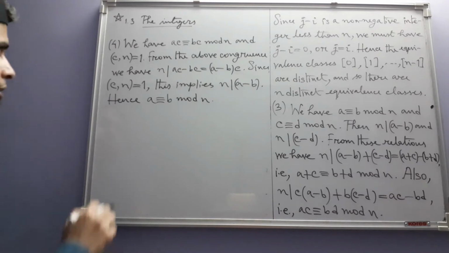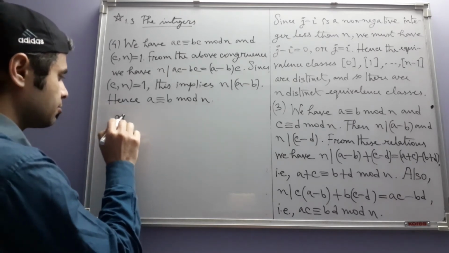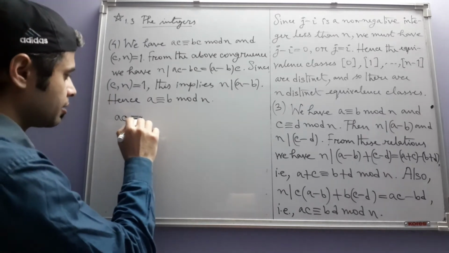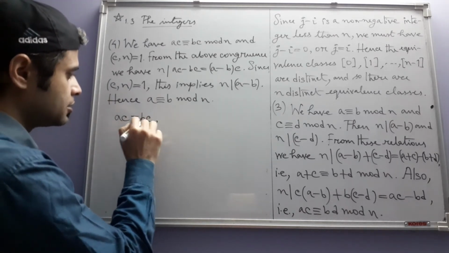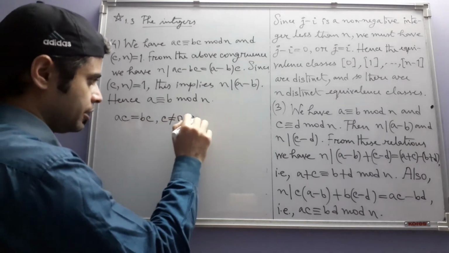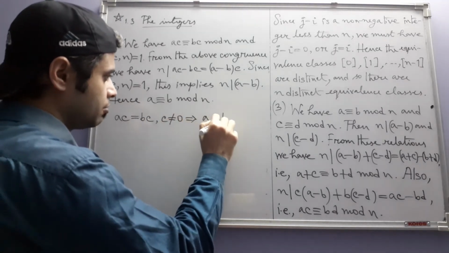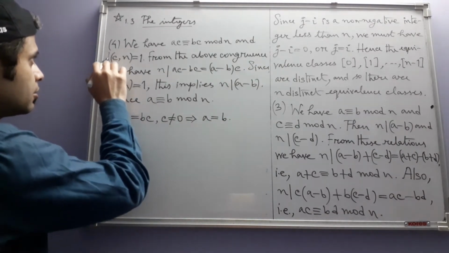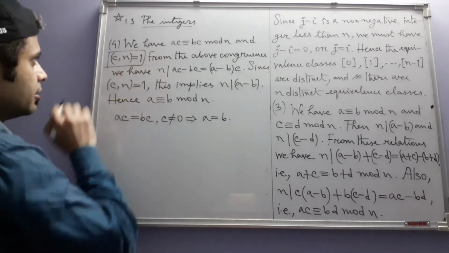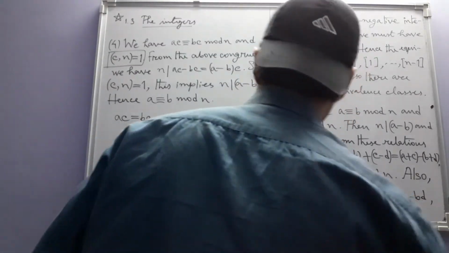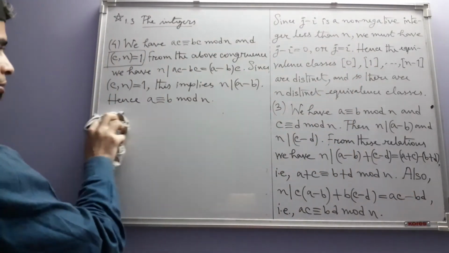It's somewhat like this one: if A, B and C are real numbers, then AC is equal to BC, and it's given that C is non-zero, then A is equal to B. And this condition that C and n are relatively prime should not be taken lightly, because if it's not the case, then the cancellation law may fail.